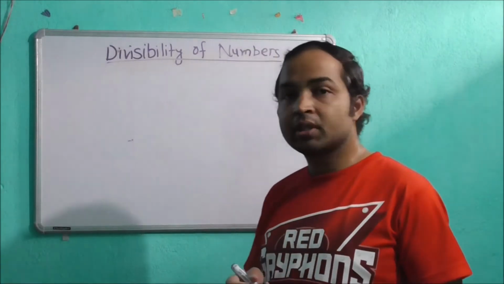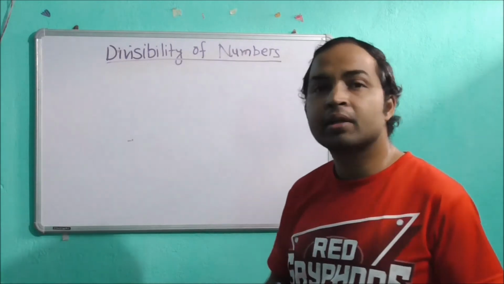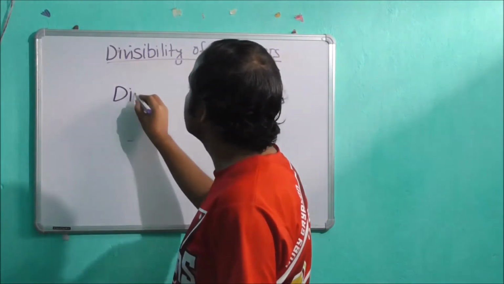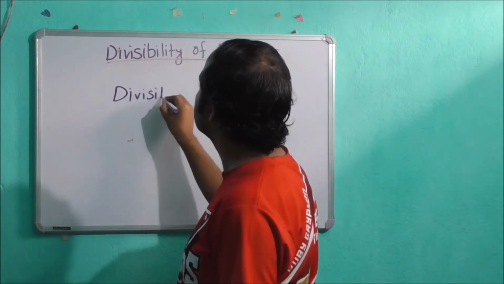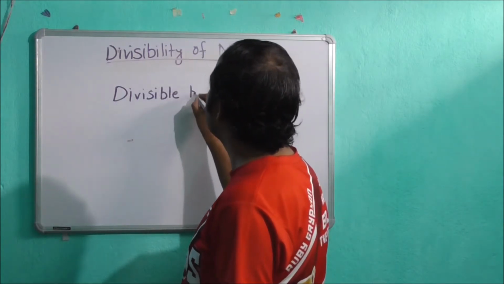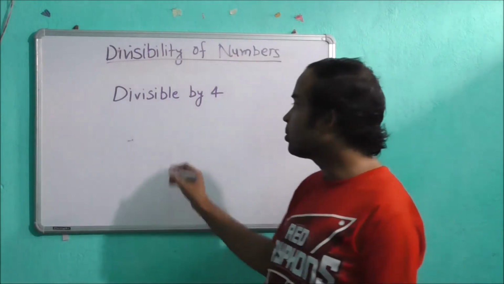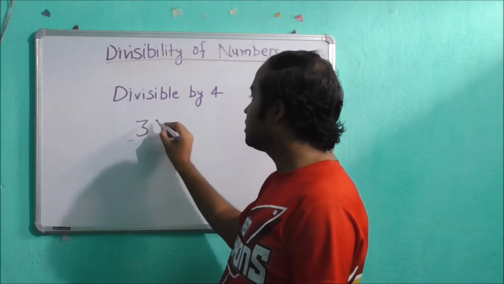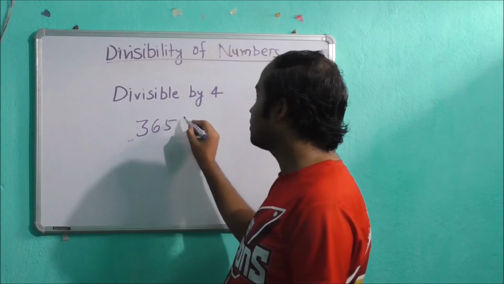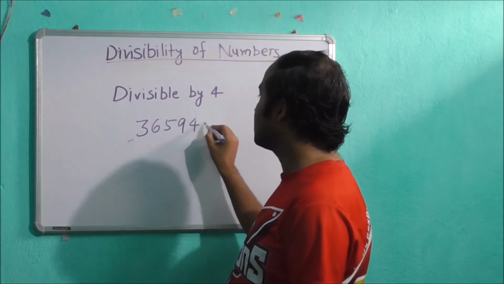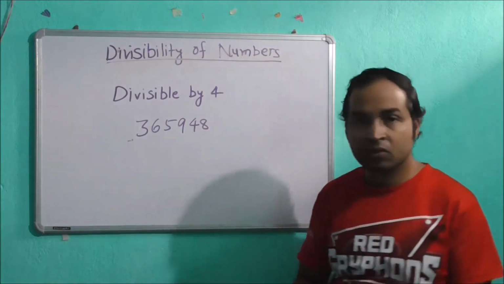Now we will check whether a number is divisible by 4 or not. Now I'm writing a number 365948.